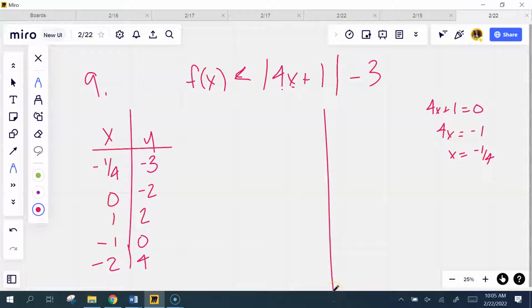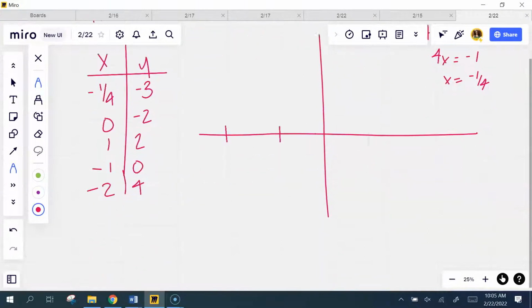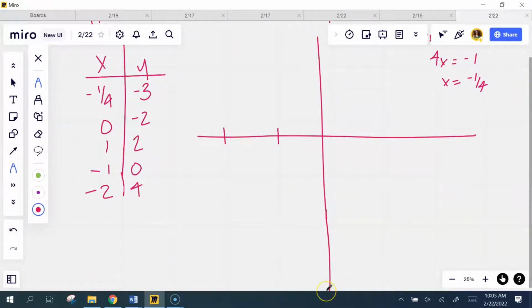Okay, so let's see what it looks like. Negative 1/4 is about right here, and it goes down to negative 3. Zero, negative 2, and 1, 2. That's way up here.